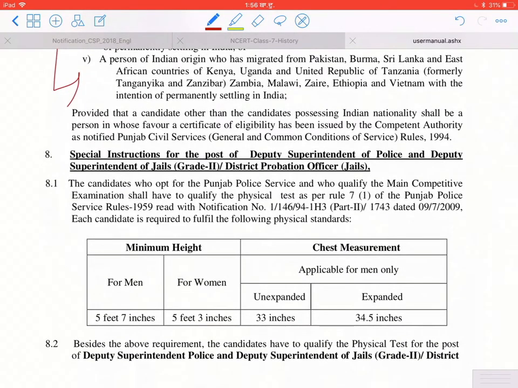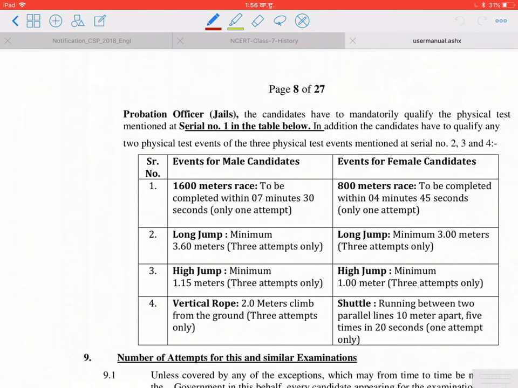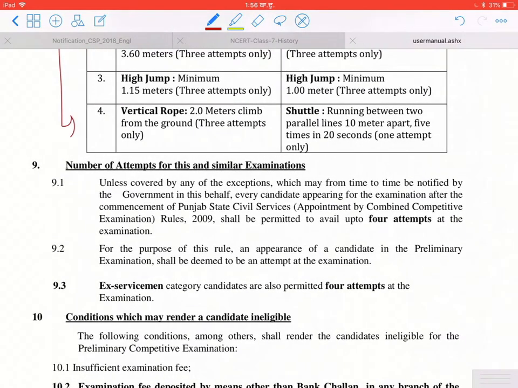So for the Punjab Civil Services, this is the minimum height that is required. Chest unexpanded. So physical test, yes, they also have to qualify the physical test. Number of attempts are there, so only 4 attempts.